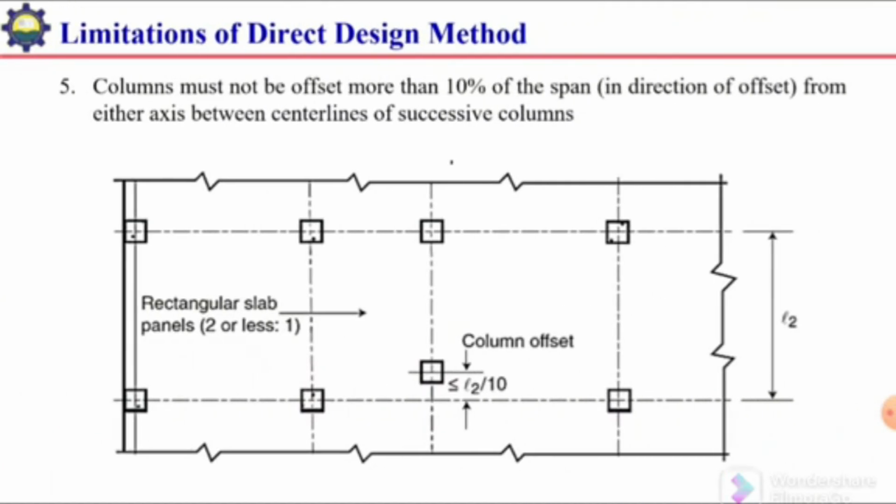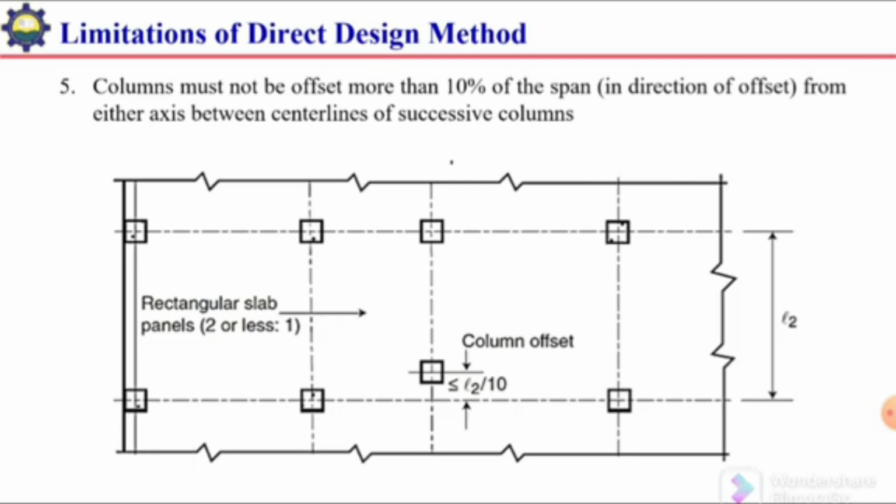Okay, next is columns must not be offset more than 10% of the spans in direction of offset from either axis between center line of successive columns. So the offset of the column from the line of columns should not be more than 10% of the span of the columns.